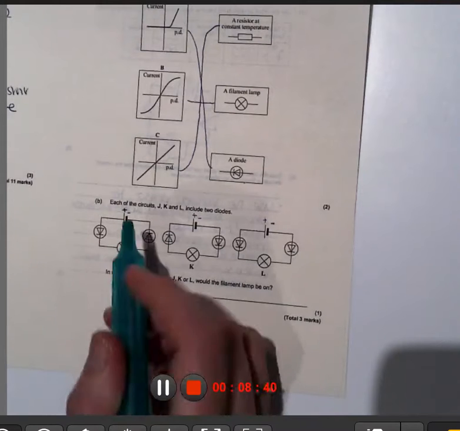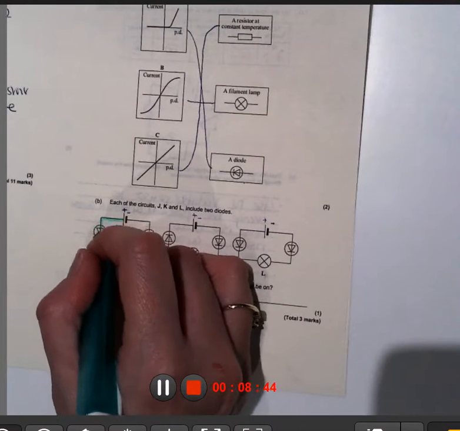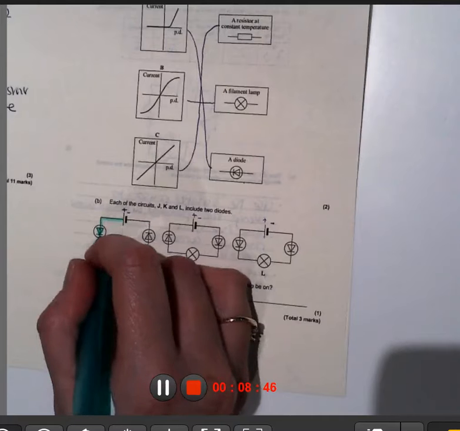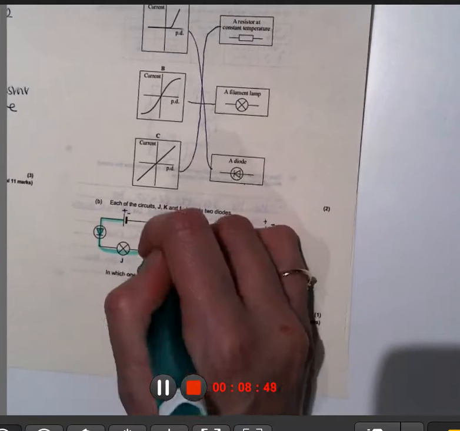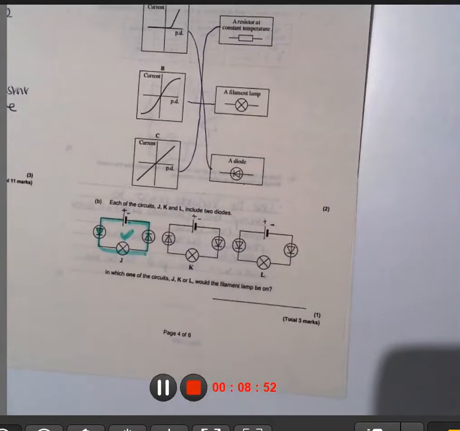So the current is going to flow around this way. So can it get through this arrow? Yeah, it's got to follow the arrow. So that's okay. It can go through here, it can go through here, it can go through here, and it can go through here. So it looks like J is the answer.